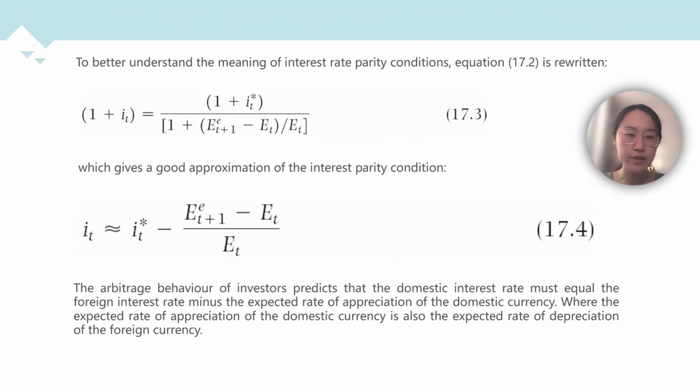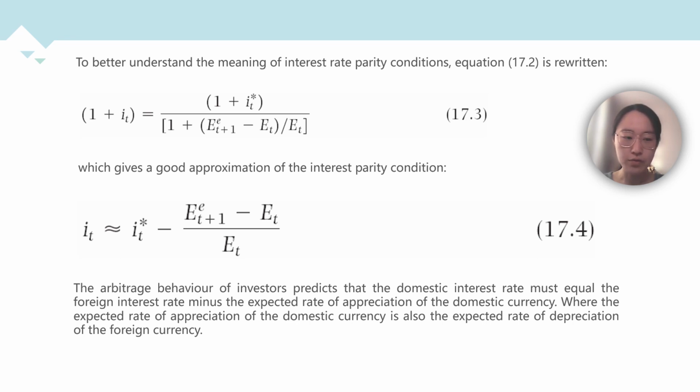To better understand the meaning of the interest parity condition, equation 17.2 is rewritten as equation 17.3, which gives a good approximation of the interest parity condition.